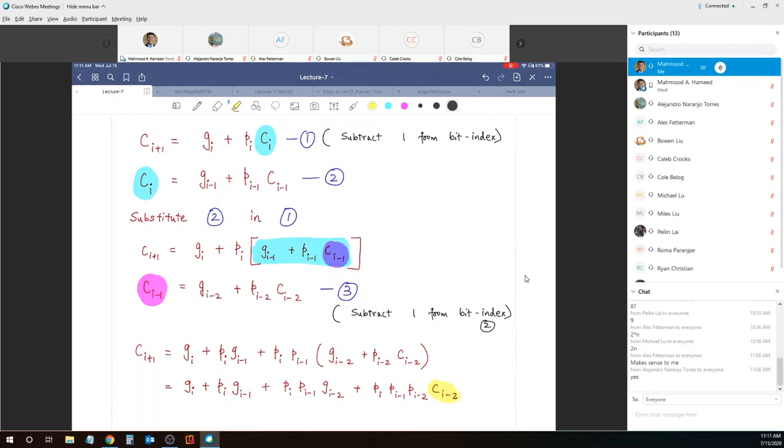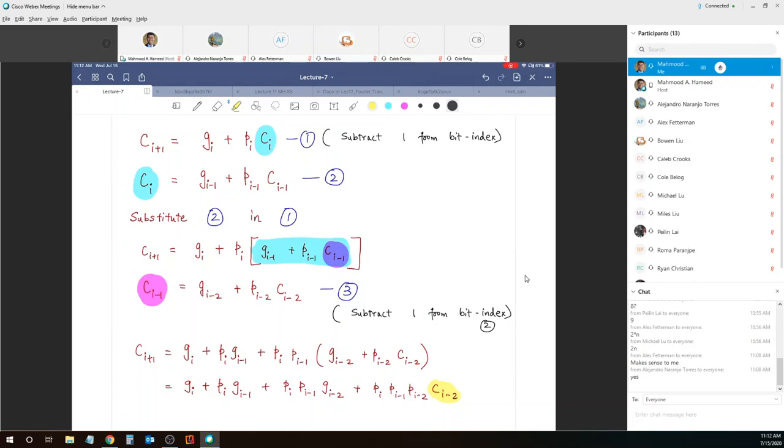So that means that if I were to continue this expanding, keep subtracting 1 from the index, do a substitution and keep expanding, then I can reach the smallest C sub i minus 2. What is the smallest one? The last one should be C sub 0, right?